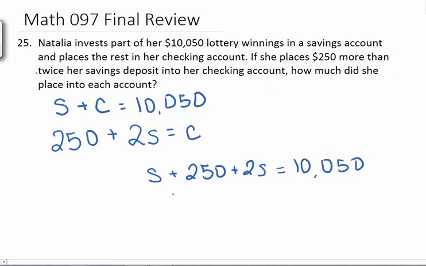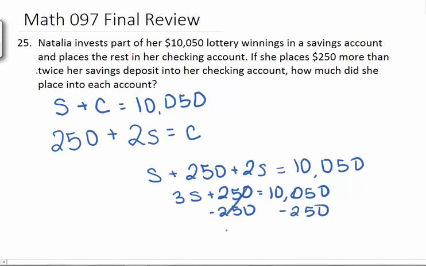I have an S plus 2S, so that's a 3S plus 250 is equal to 10,050. I'm going to subtract 250 from both sides to get my constants on one side and variables on the other.